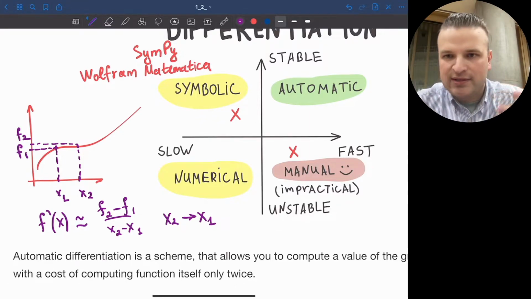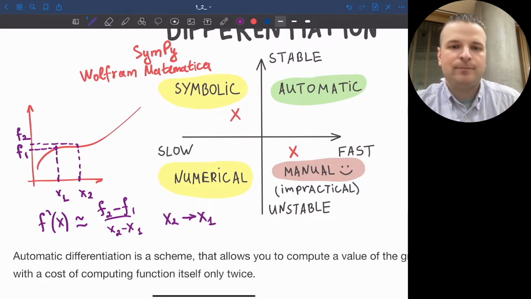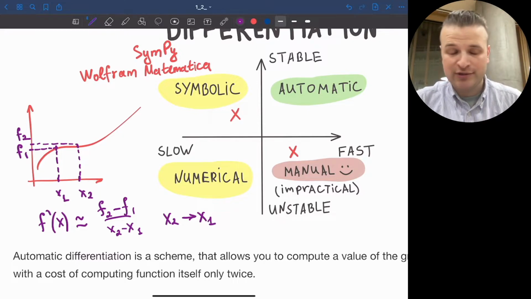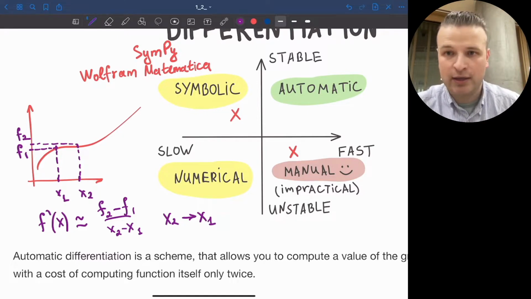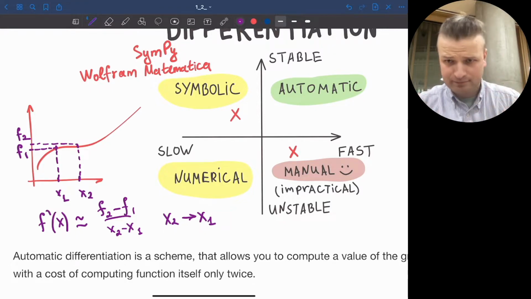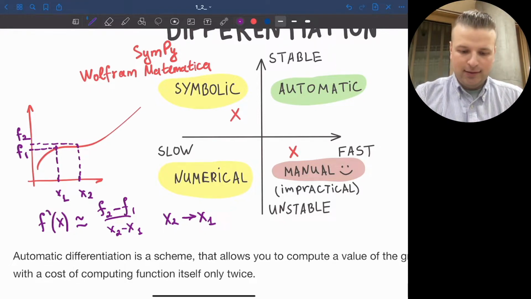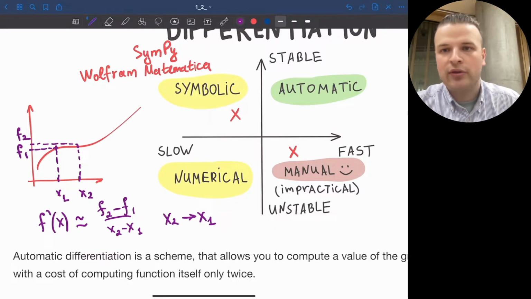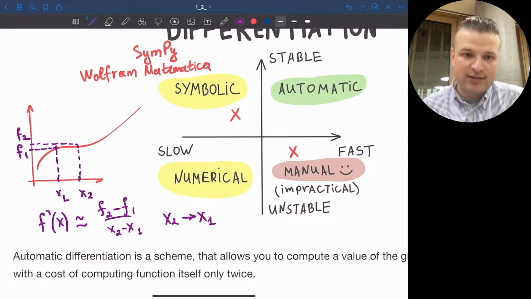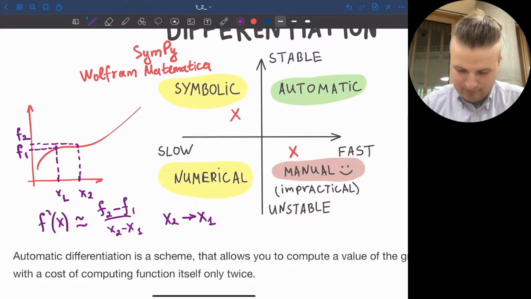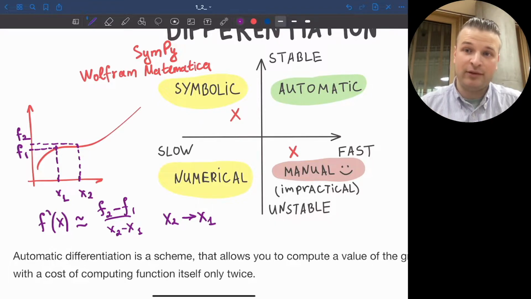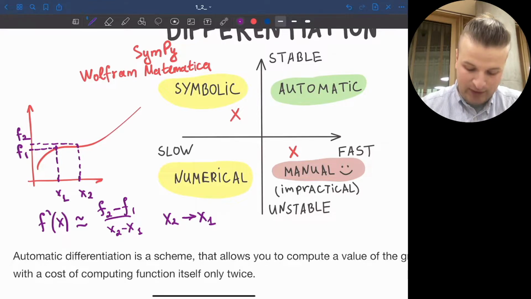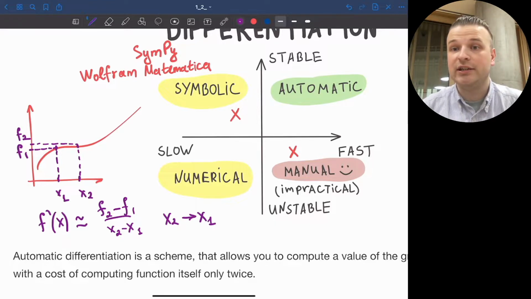And the problem with this approach is that it is a very unstable solution, because here you have to divide by a very small number, and in Python, or in any other programming language, when we are working with floating point arithmetic, it's a bad idea to divide by a very small number. So it is a very unstable way to calculate derivatives.